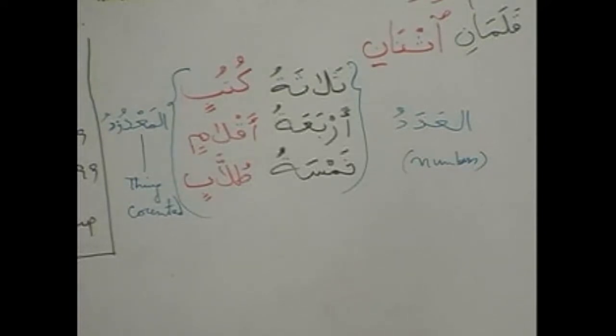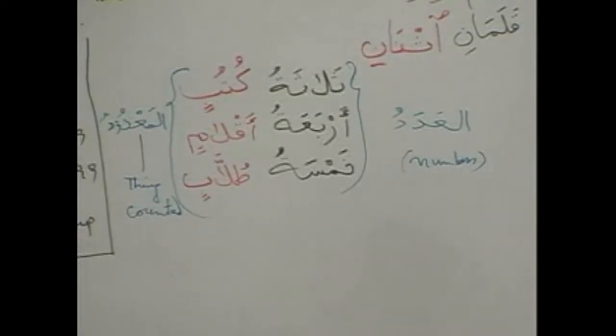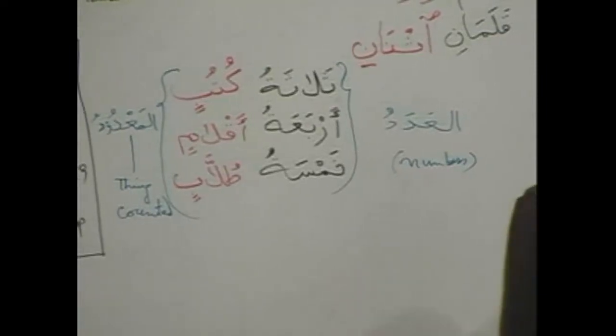And it will be vice versa. If the thing counted is muannas, the number will become muzakkar. Just to give you an example that is coming in the next lesson. We say khamsatu tullabin. Now I want to count female students. So what is the plural of female students? Talibatun. But I will make it mudaf ilayhi. It will become talibatin.